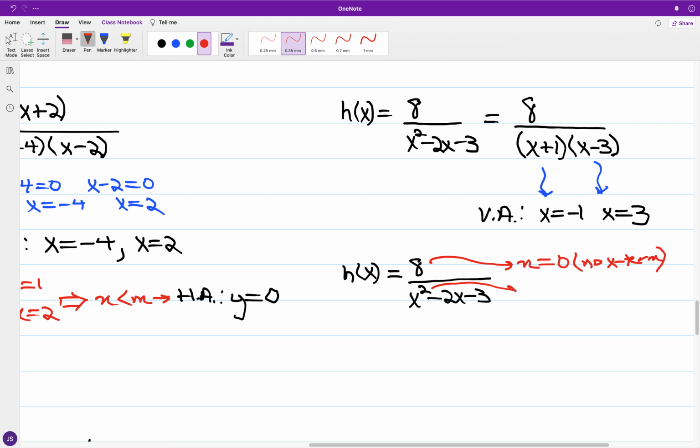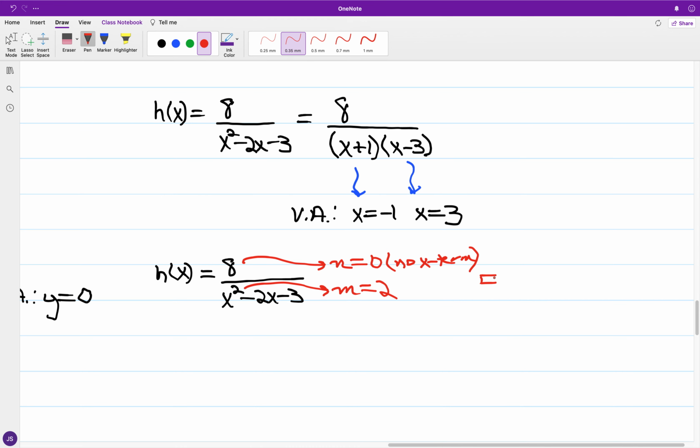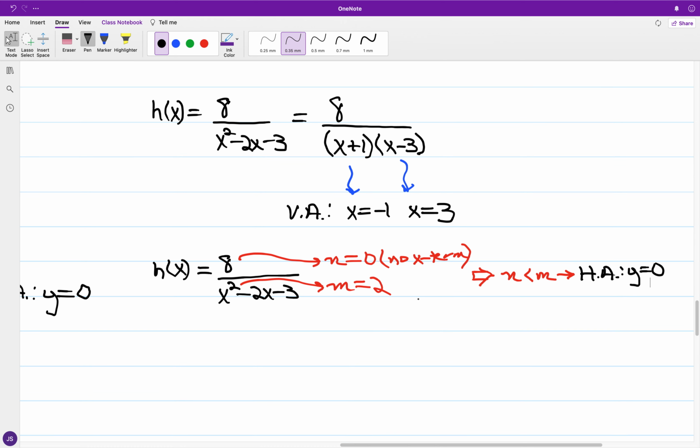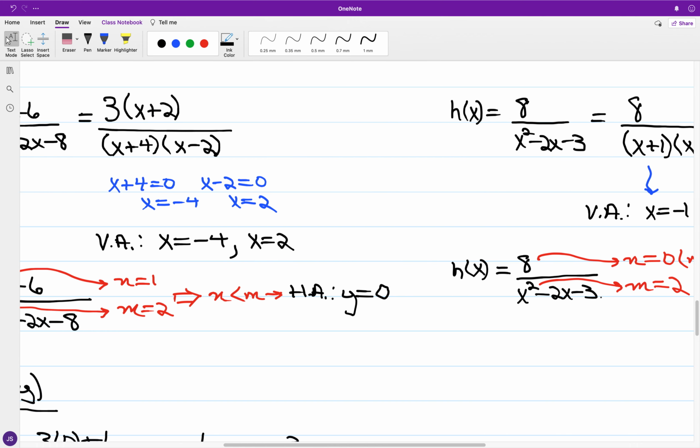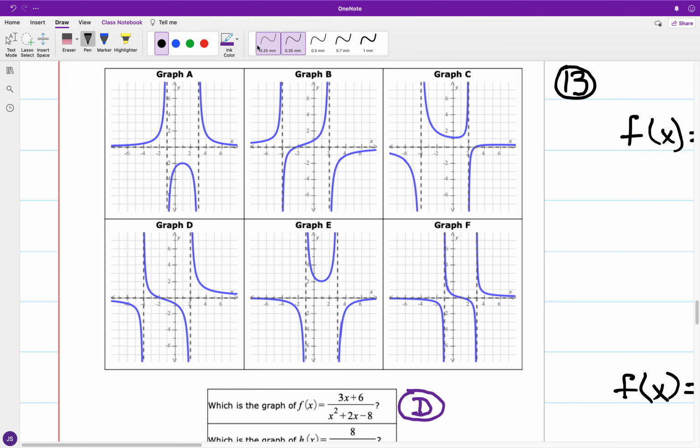In the denominator, we have the degree to be 2. So once again, the degree of the numerator is less than that in the denominator, and so once again we're going to have a horizontal asymptote, y is equal to 0. For the vertical asymptotes, we have x equal to negative 1 and x equal to 3, and again the horizontal asymptote is y is equal to 0, namely the x-axis.